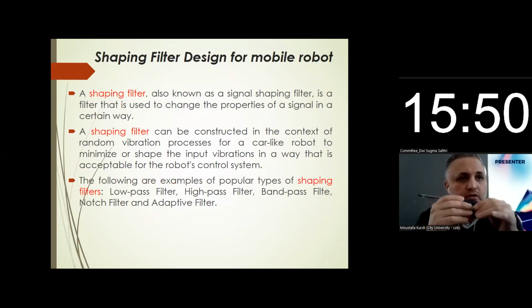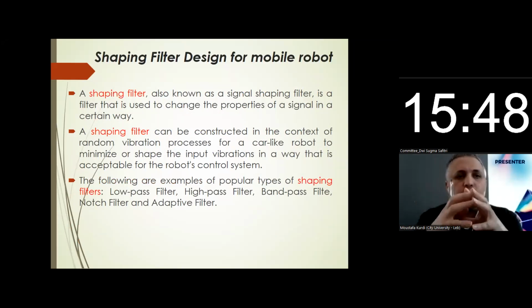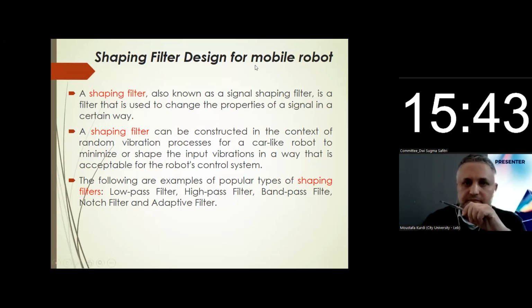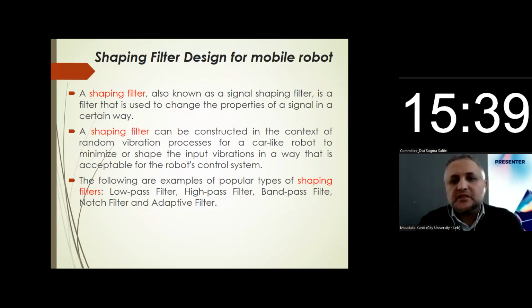In order to eliminate this vibration, we use a shaping filter. As we know, a shaping filter means a signal shaping filter, a filter used to change the properties of signals in a certain way, for example, amplitude. A shaping filter can be constructed in the concept of a random vibration process for a car robot, which is our robot, to minimize or shape the input vibration in a way acceptable for the robot's control system.